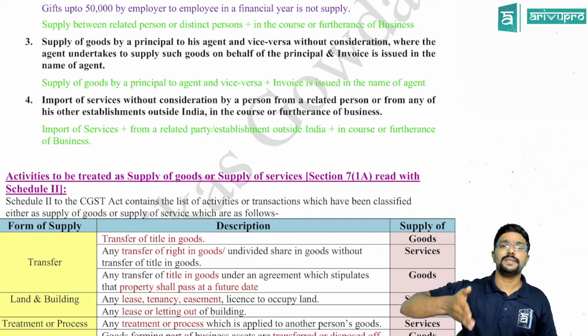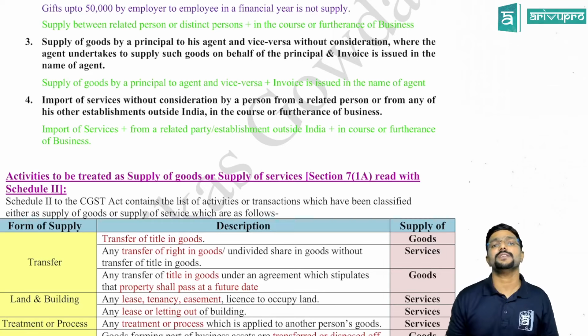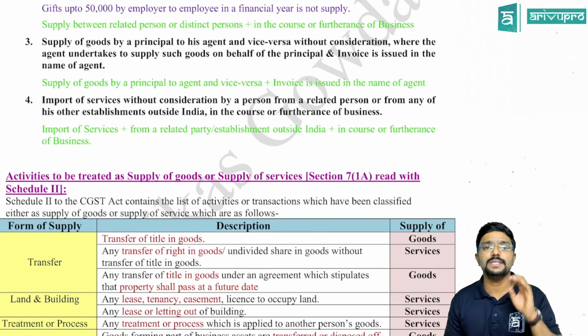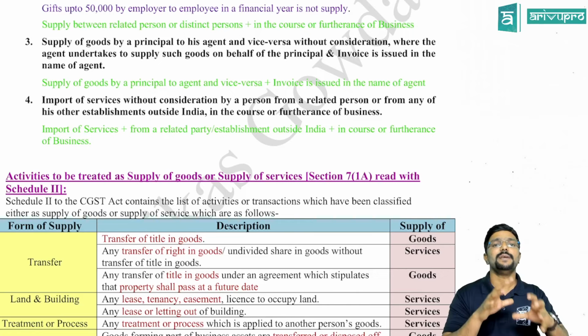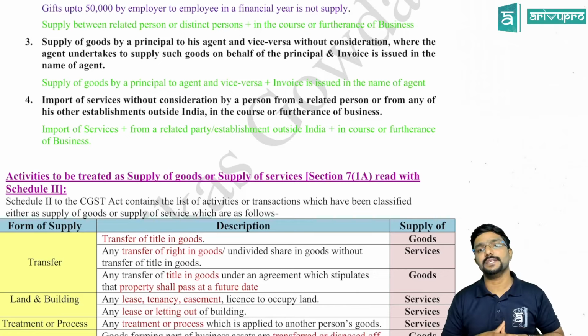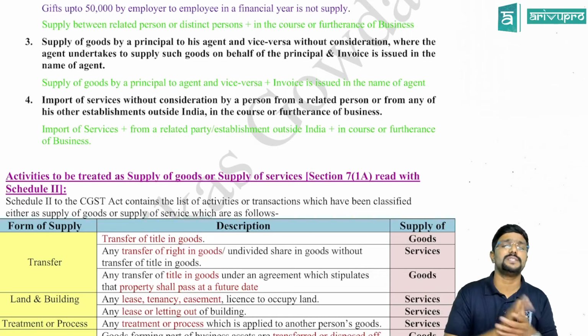From supplier to agent as per 7.1a, from agent to principal as per para 3. In simple, in both these cases, if the invoice is issued in the name of agent, then it is a deemed supply between principal and agent. If the invoice is issued straight away in the name of principal, then there will be only one supply, and that supply will be as per 7.1a.